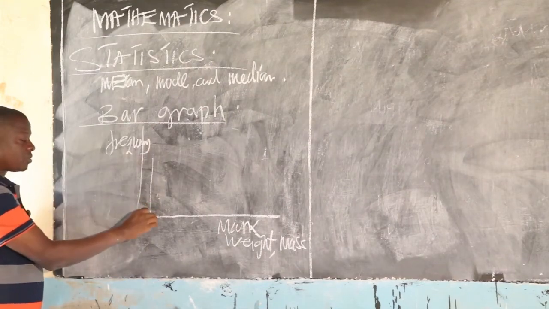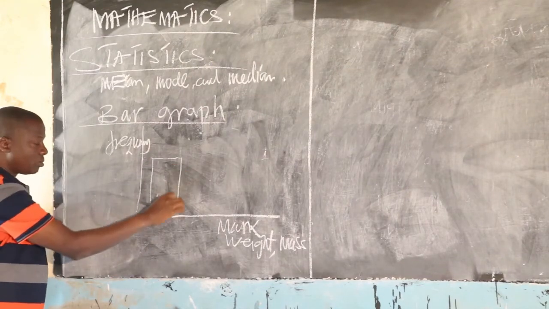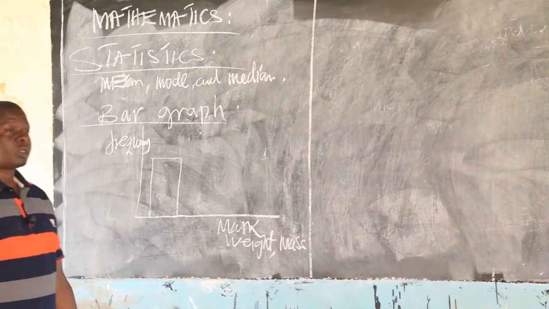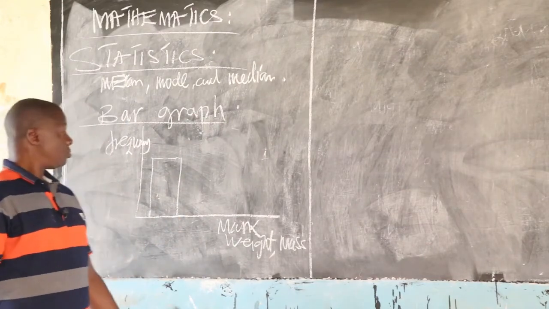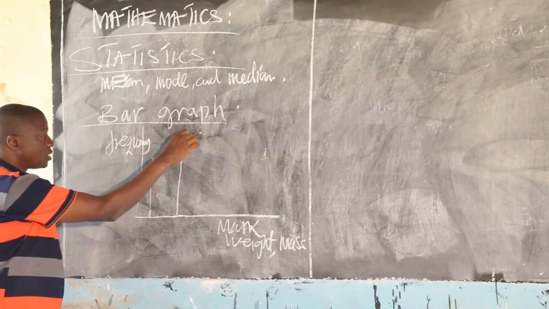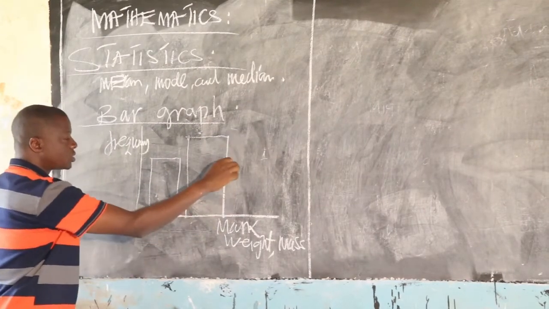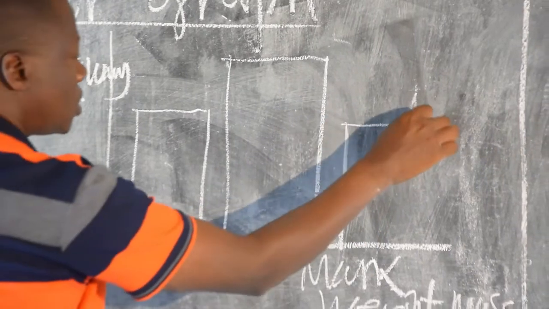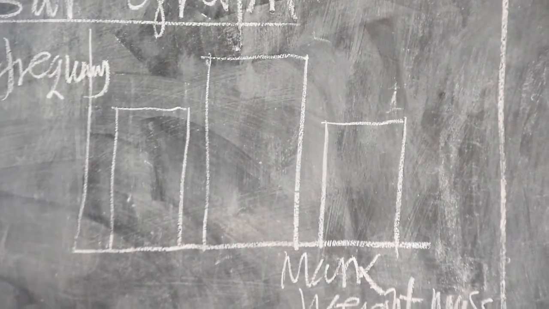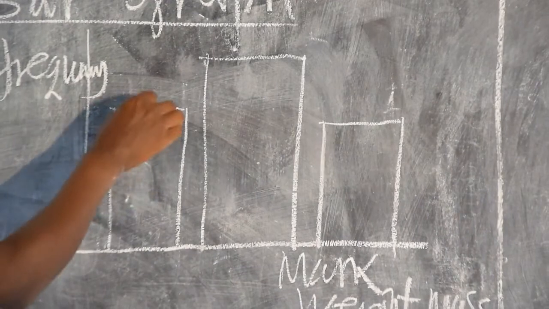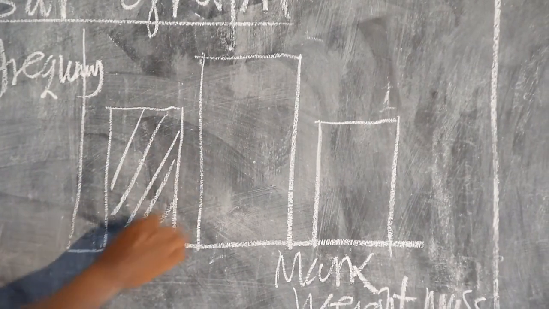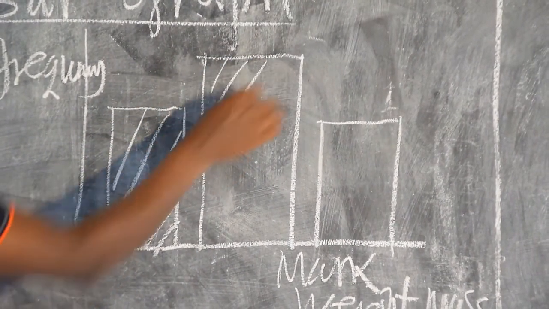We can have bars of this form, bars with the same width, but not attached, like this one and that. Make sure you shade your bars in this form. Shade your bars in that form.